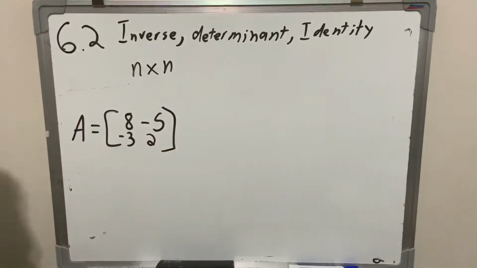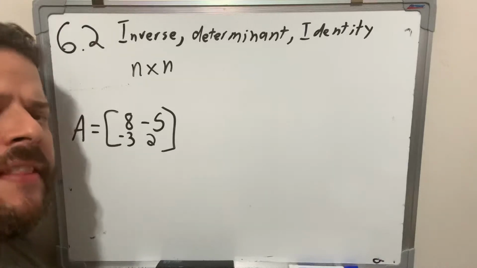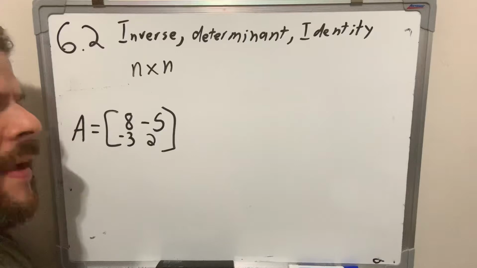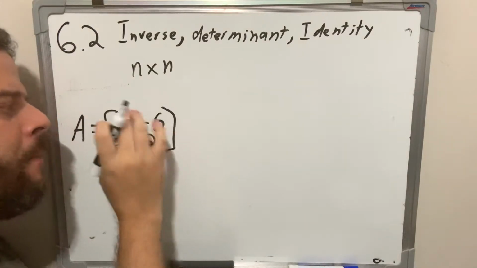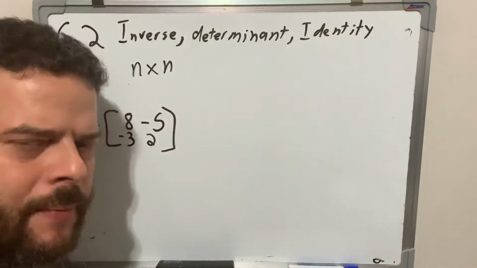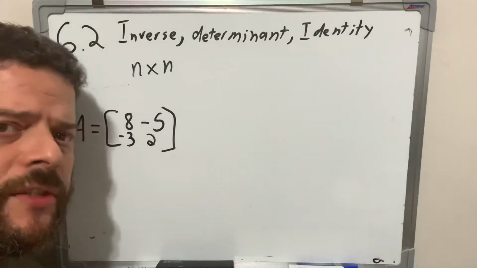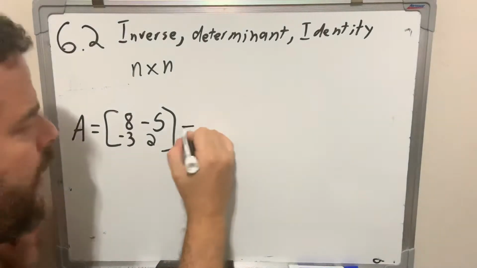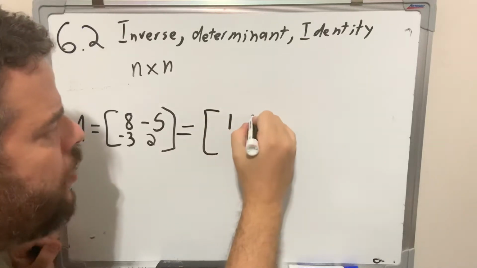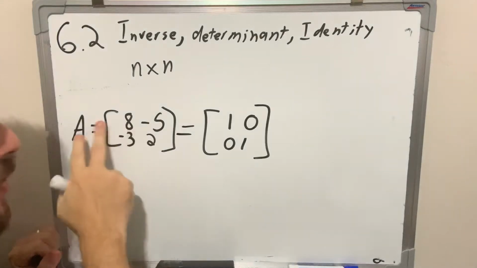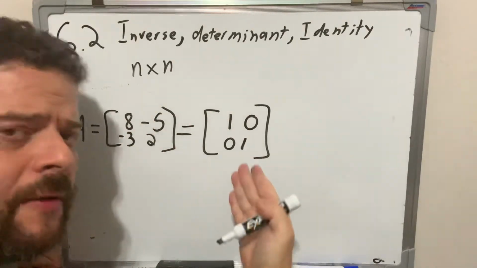They tell me this is A. I want you to find the inverse of A. So again, I want to find the matrix that when I multiply by this one gives me the identity matrix. How do I do this? It is another simple process which you know. All you have to do is equal this to the identity matrix. And you're going to write the matrix in augmented form.